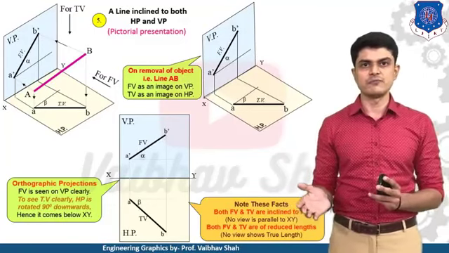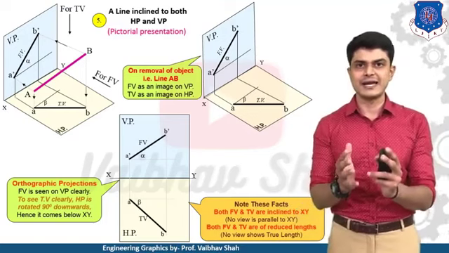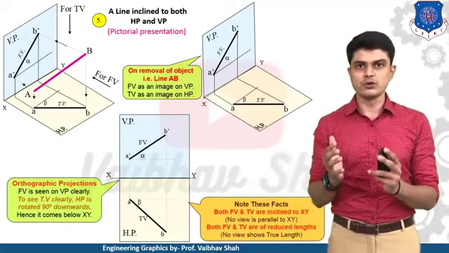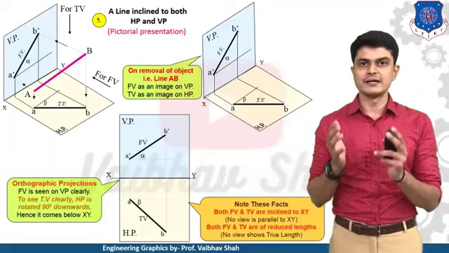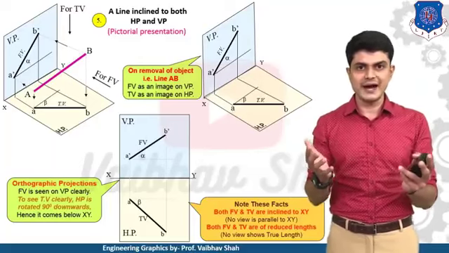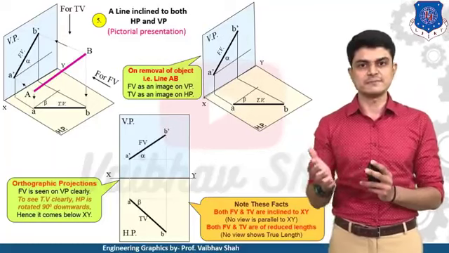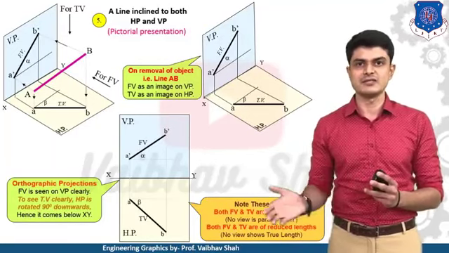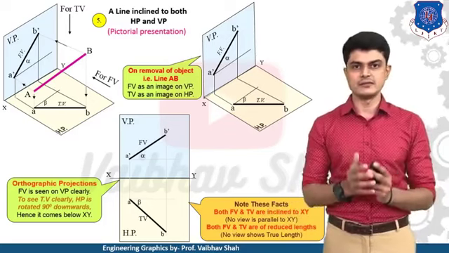Both the front view and top view are inclined to the XY line and reduced in length, so we have no view with true length.